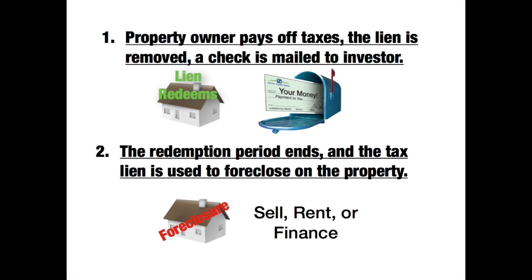Now, the second option is what happens if the redemption period comes to an end. So, if that 2-year time period comes to an end and the lien still hasn't redeemed, then that tax lien can be utilized to initiate foreclosure on that property. Now, even once foreclosure is initiated, essentially what that is really all about is giving the legal owners the opportunity to retain their property. And so it's simply letting them know the amount that's owed, the date, and the consequences if they don't pay it, which is essentially losing the property.